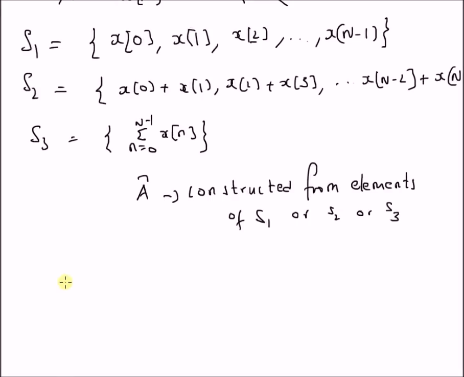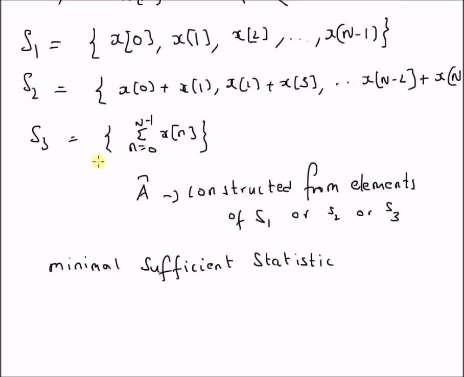Now we want to look at the concept of minimal sufficient statistic. That is, what is the minimum number of elements or statistics that are required to estimate the parameter a.